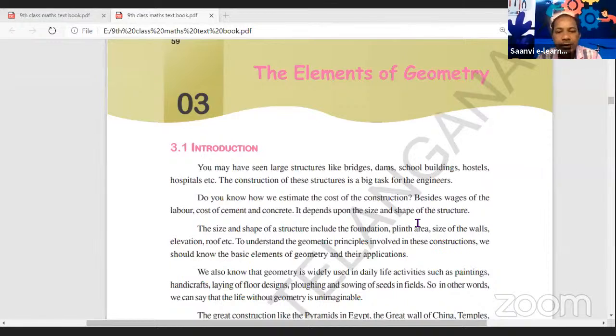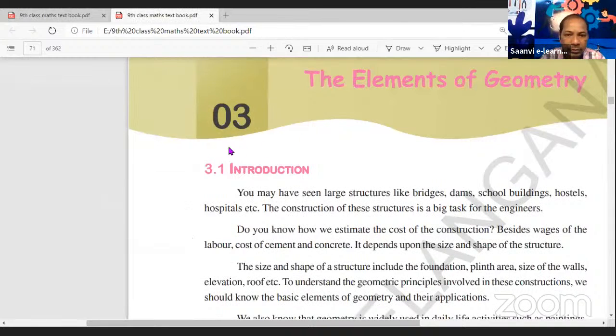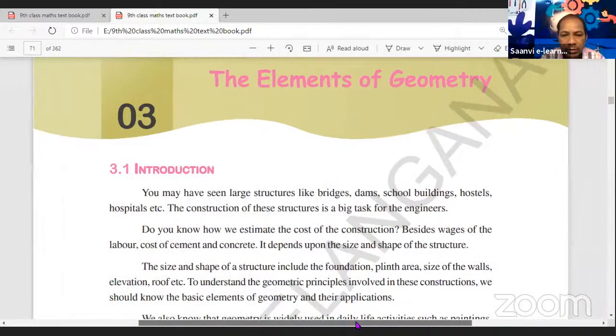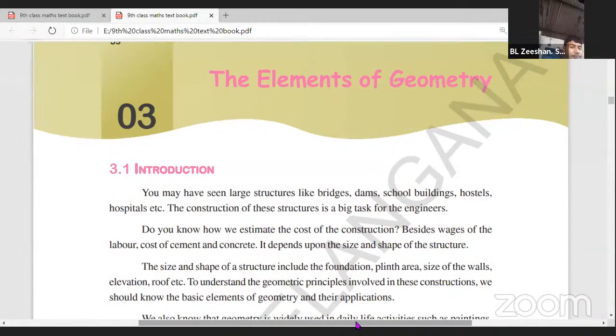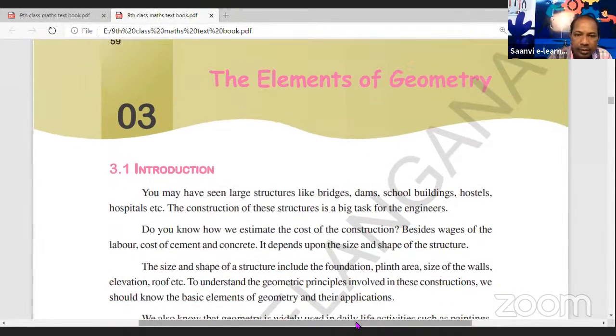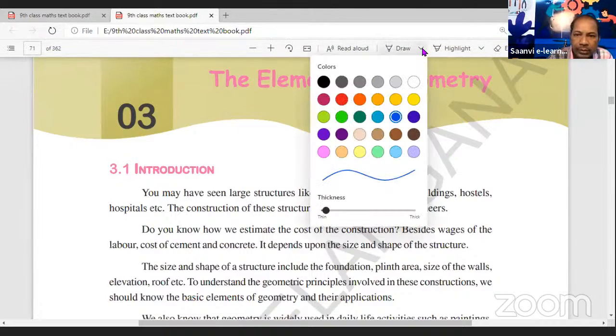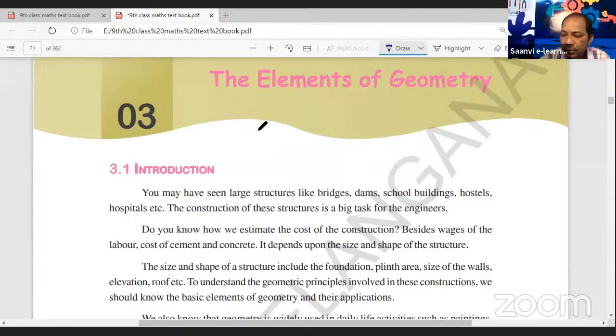Okay, children. See, all of you open your textbook. Open the chapter. See here, introduction is given. All of you once read that introduction.